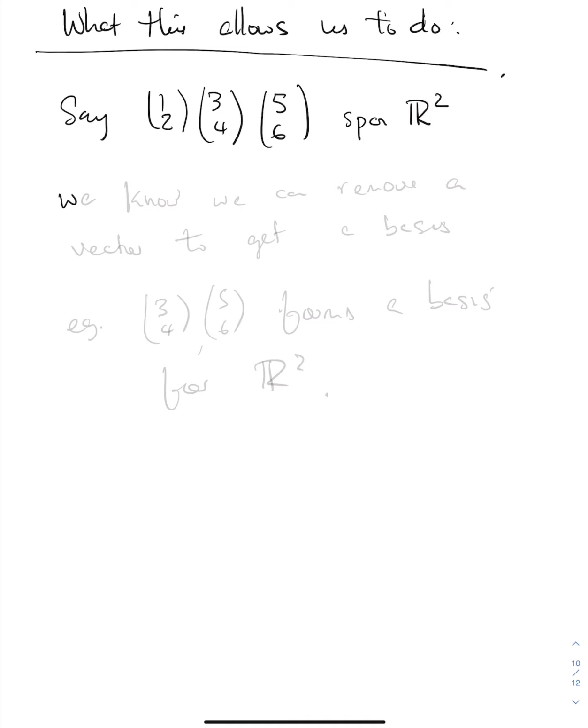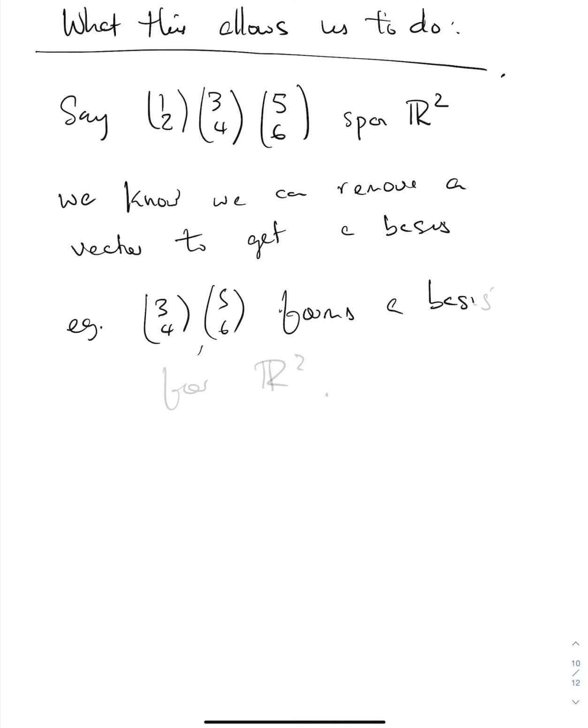We know we can remove a vector to get a basis. For example, 3, 4, 5, 6 forms a basis for R2.